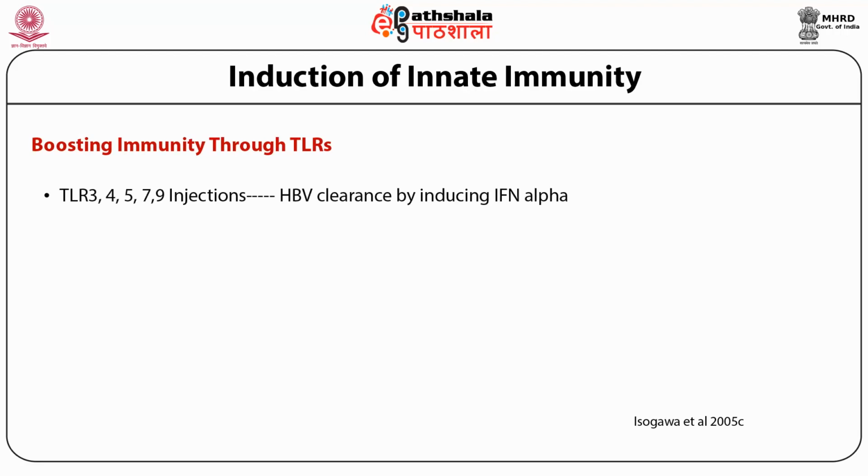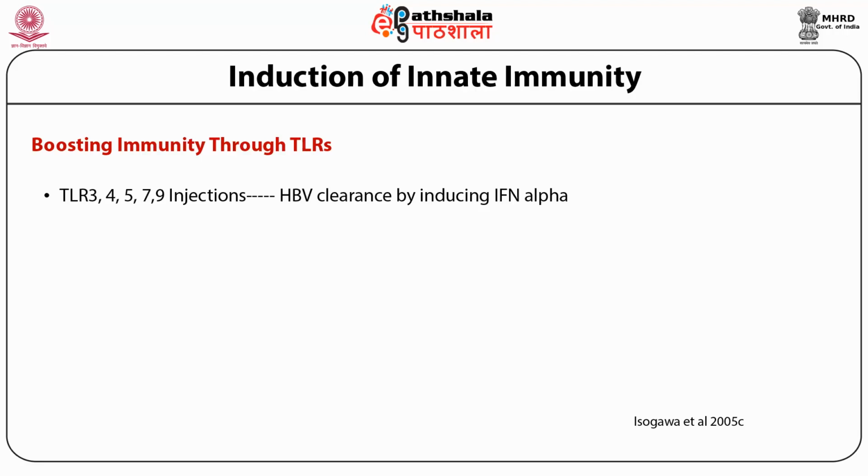TLRs are toll-like receptors. They will sense the viral antigens or the total virus. The better they sense the viral antigens, the better the adaptive immunity will be, which will help to clear the virus.